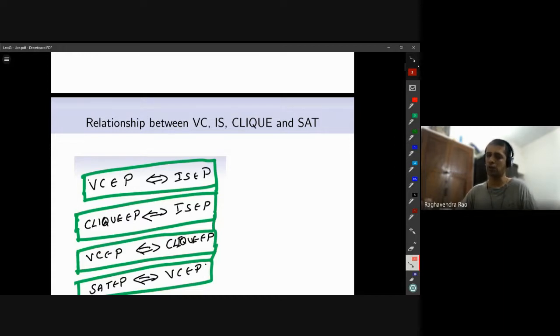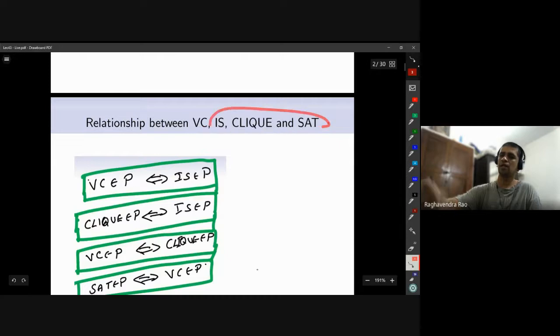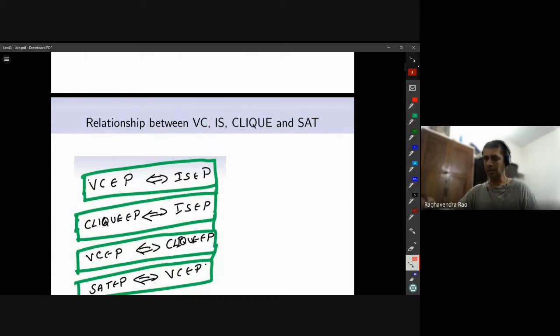So the question was, are there polynomial time algorithms for these problems? We saw that it's enough to give a polynomial time algorithm for one of them, then all of a sudden you get polynomial time algorithms for the remaining three. It does not matter which one, say vertex cover. So that way they are interrelated.